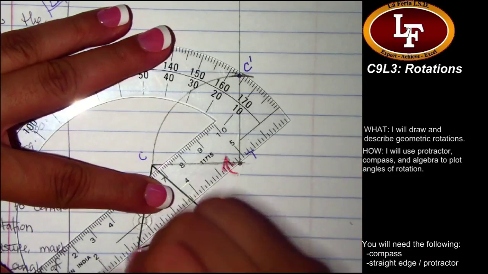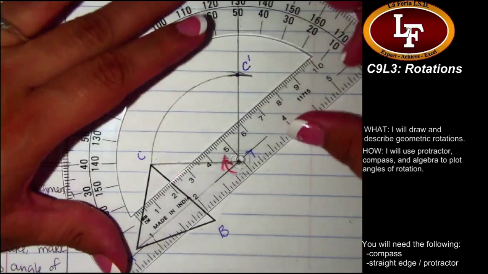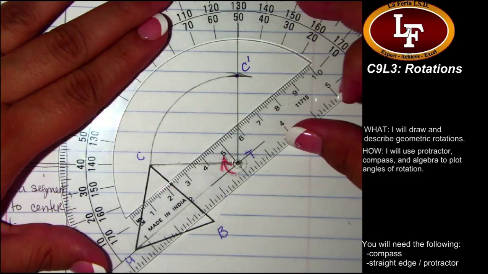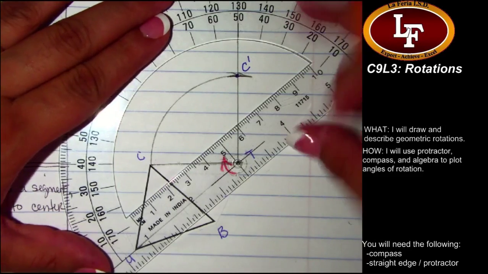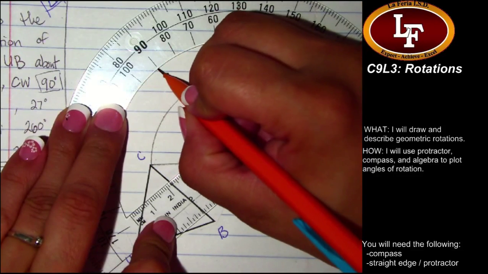Drawing a segment between the vertex and the center of rotation, I'm putting my center of rotation in the vertex finder of my protractor, lining up the 0 line, marking out 90 degrees.